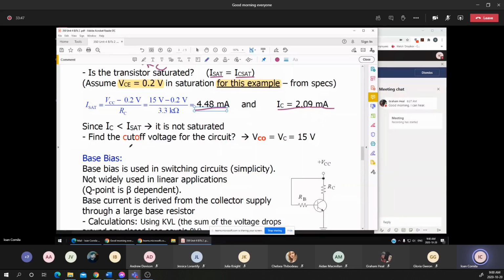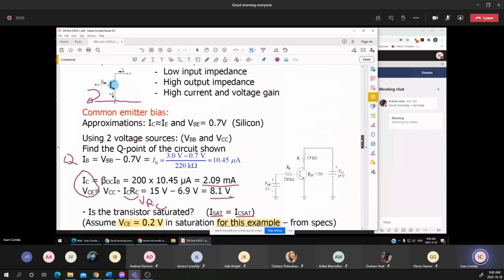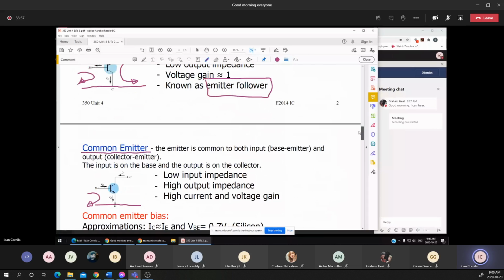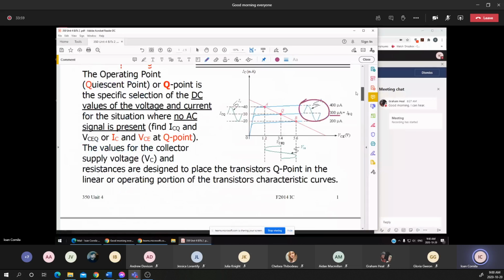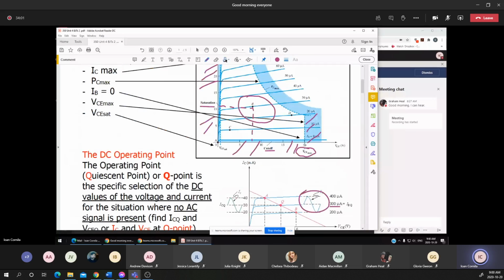Another question is to find the cutoff voltage. Remember that, and I'll go back to the main diagram. That's the cutoff voltage. Now let's try to clean up this diagram a little bit.